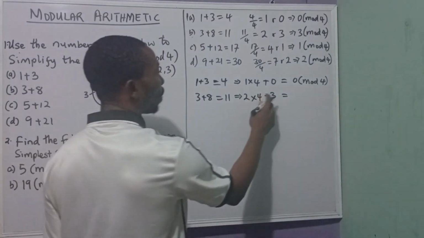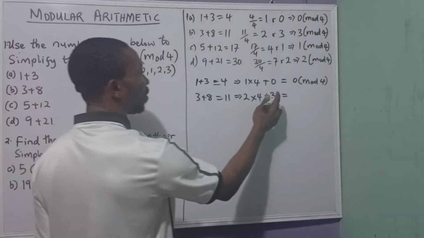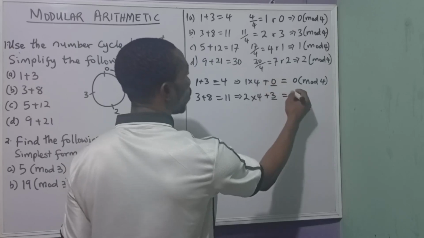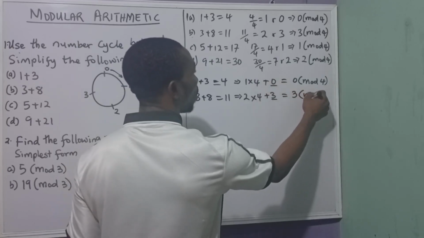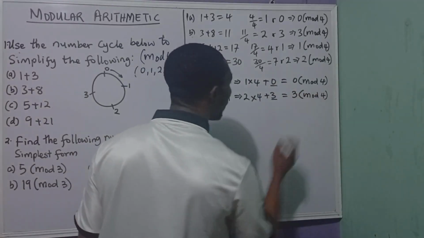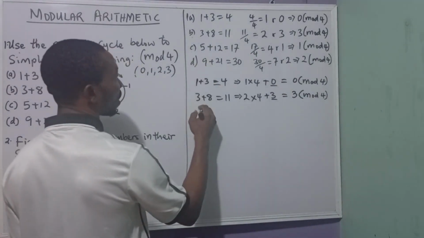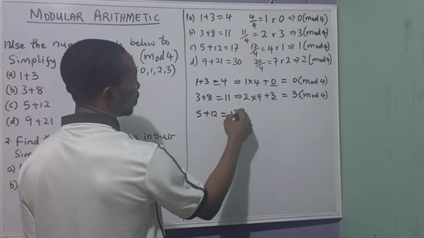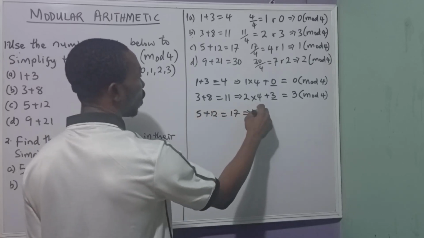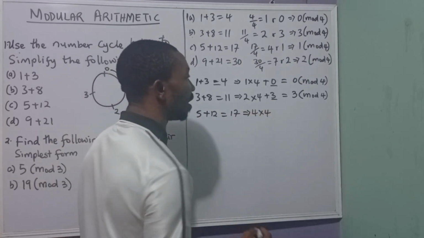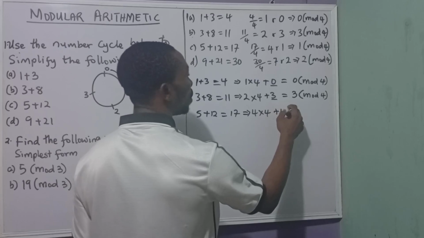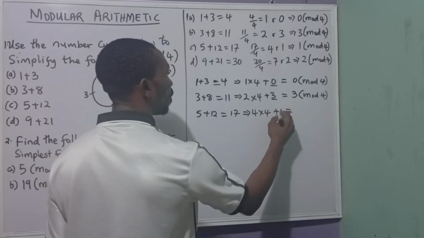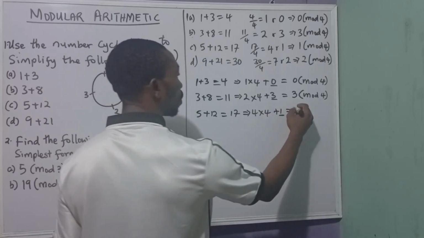So 2 times 4 plus 3 gives us 11, and this is our remainder, which will be 3 mod 4. And for the next one, we have 5 plus 12 equals 17. This is 4 times 4, which gives us 16, plus 1, which gives us 17. So 1 is our remainder. This gives us 1 mod 4.